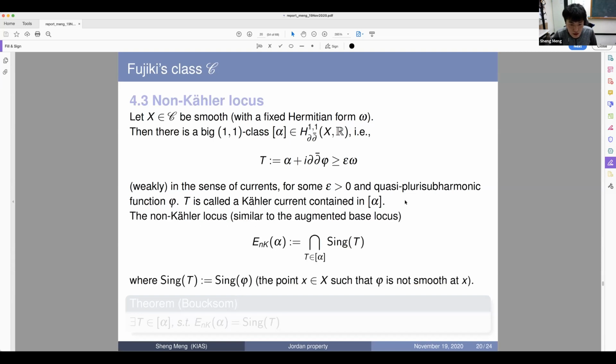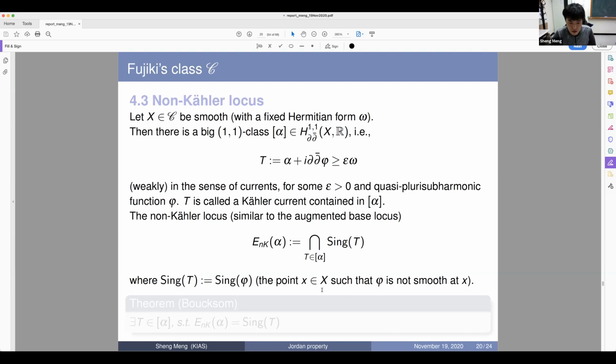Then we define the non-Kähler locus, which is similar to the augmented base locus, by taking the intersection of the singular locus of T, where T is a Kähler current contained in alpha. Here the singular locus of T is defined simply by the singular locus of the potential function phi, and the singular locus of phi is just the point where phi is not smooth.